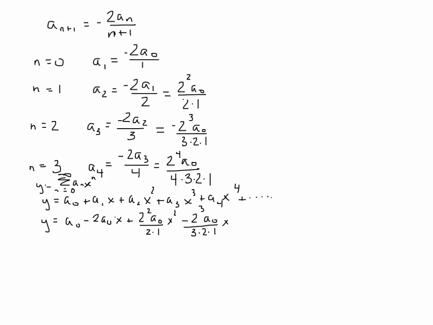That one's times x cubed. And a4 was 2 to the 4th a naught, times x to the 4th, and then all divided by 4 times 3 times 2 times 1.